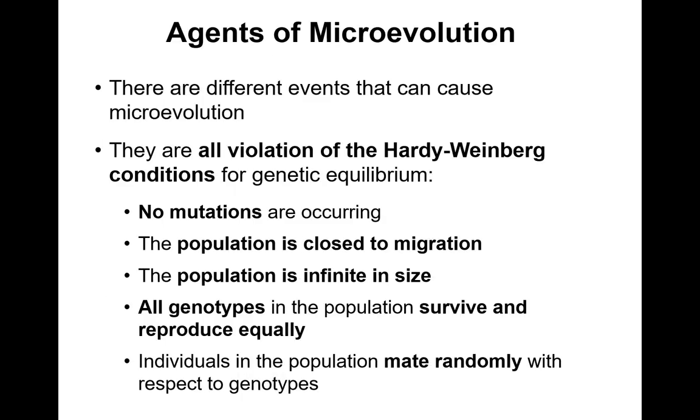So these are all the different events that cause microevolution. Not surprisingly, if you look carefully later on, all of these are violations of the Hardy-Weinberg conditions for genetic equilibrium, which you remember we talked about in the first part of this lecture, which are basically that there are no mutations, so no new variants can be generated, the population is closed to migration, it's infinite in size, there is random mating, and so on.